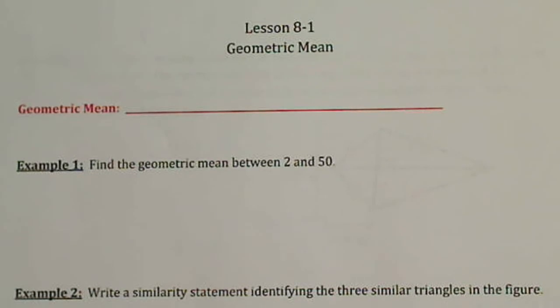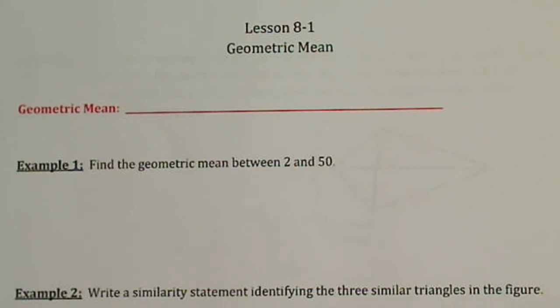So if you don't quite get it this chapter, it's okay. It's the first time that you probably have seen it. So it's more for exposure than it is for mastery. So just remember, don't get discouraged. It's okay. Lesson 8.1 is a new word, geometric mean.